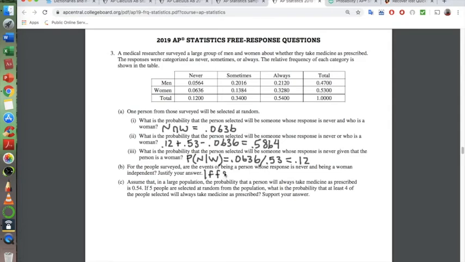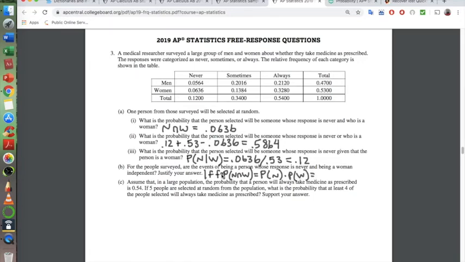So if and only if P of any event A intersection B, in this case it's never intersection woman, is equal to the probability of never times the probability of woman.